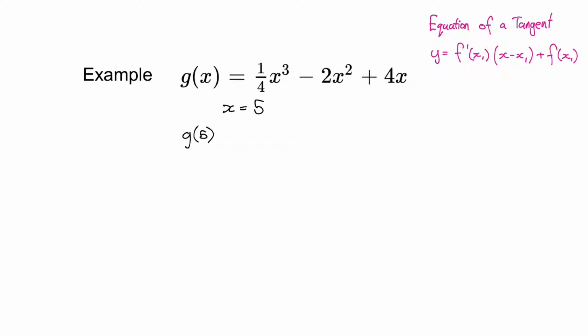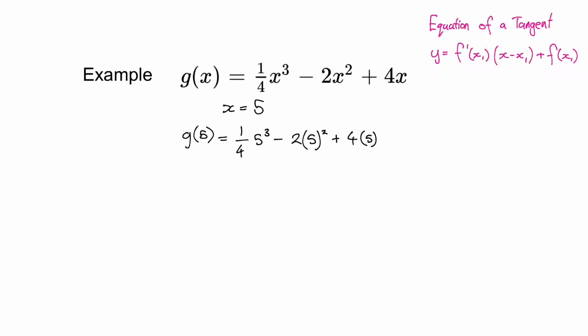So what our g of 5 is going to be. Well, it's going to be 1 over 4, 5 cubed, minus 2 outside of 5 squared, plus 4 times 5.